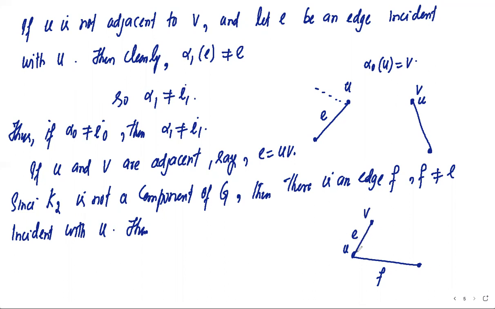Then what we see that, तो इसमें क्या हो जाएगा? So if there is this F incident with U, then when we define alpha 1 of F, it will not be equal to F. And so alpha 1 is not equal to the identity automorphism.